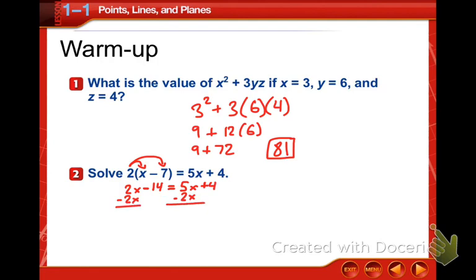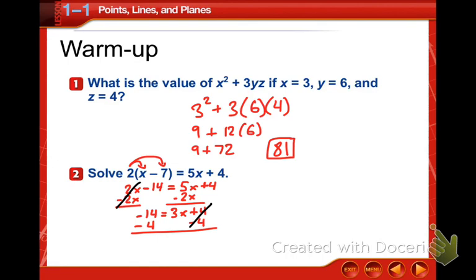It's just a basic rule of thumb to make sure we don't have to deal with that later on. So the 2x's will cancel, left with negative 14, equal to 5x minus 2x is 3x, plus 4. And we're going to subtract 4 from both sides. We'll cancel the 4 on the right. Negative 14 minus 4, so you're negative and you're taking away 4 more.